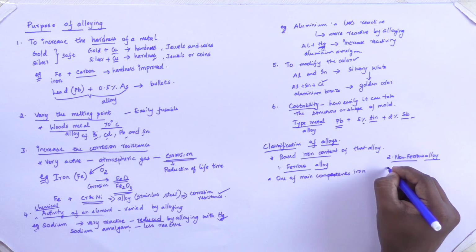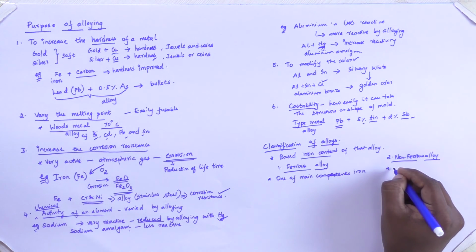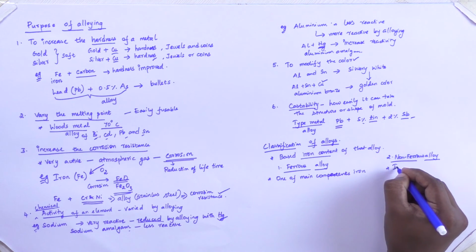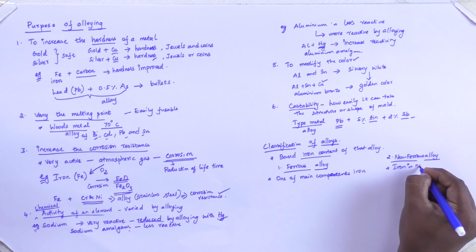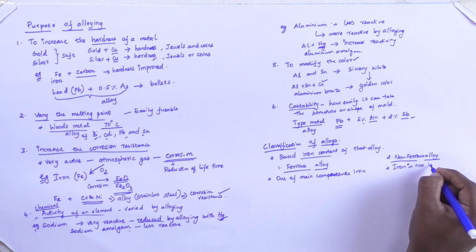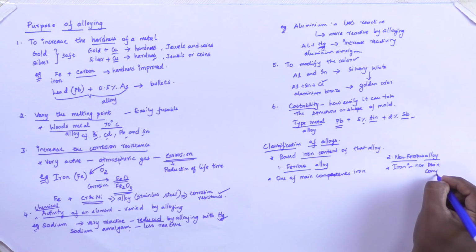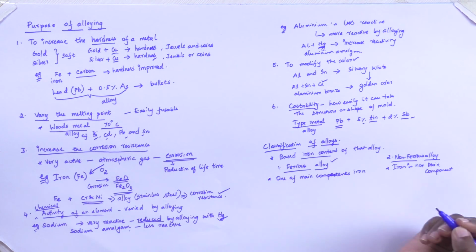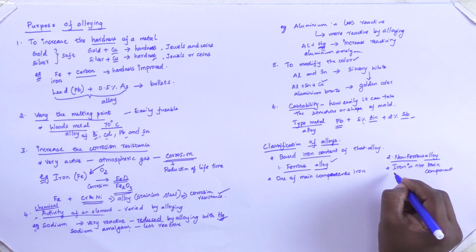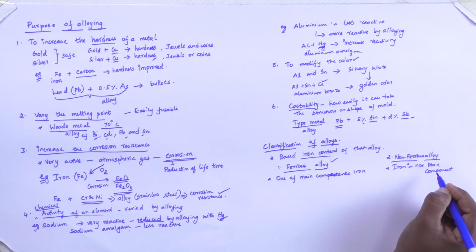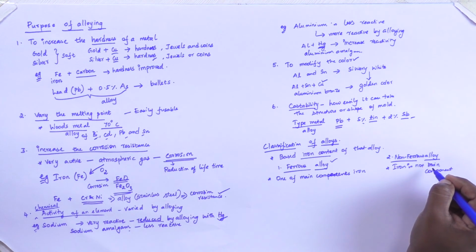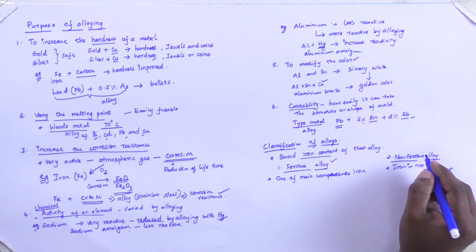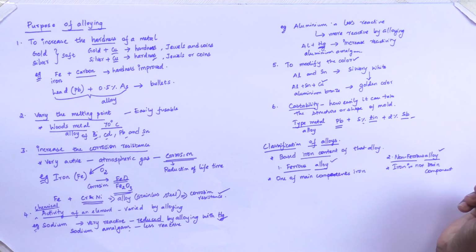In the other case, iron is not a main component. So when your alloy contains iron as the main component, it is classified as ferrous alloy, and if it doesn't have iron content, or contains a very small percentage of iron, it is classified as non-ferrous alloy.